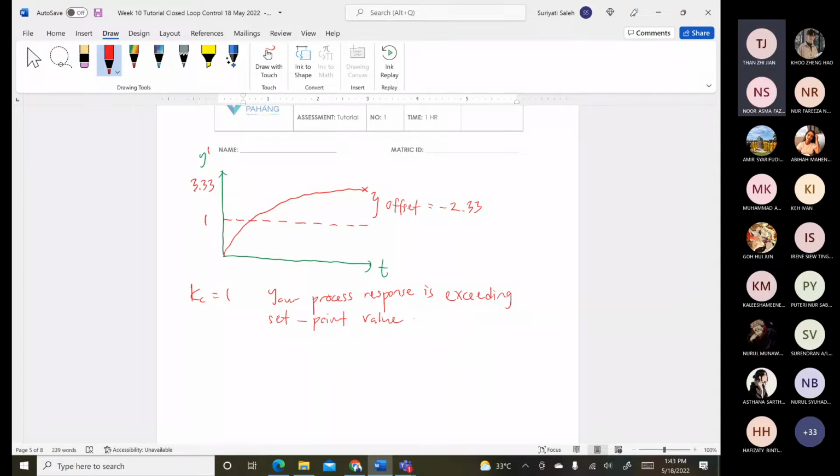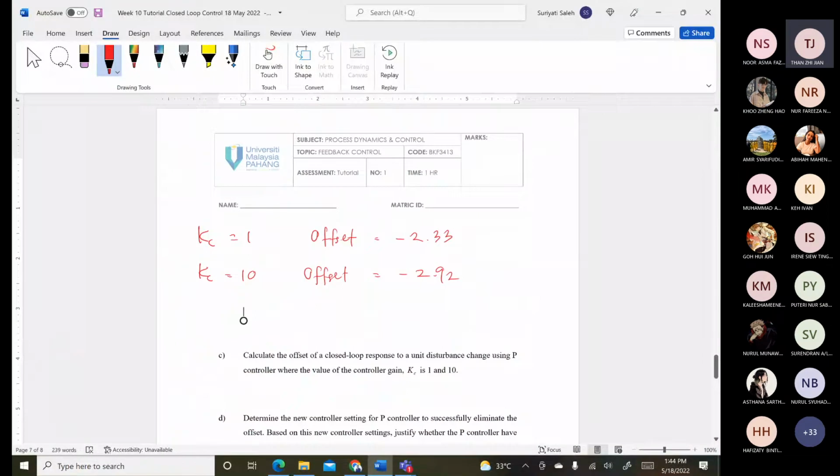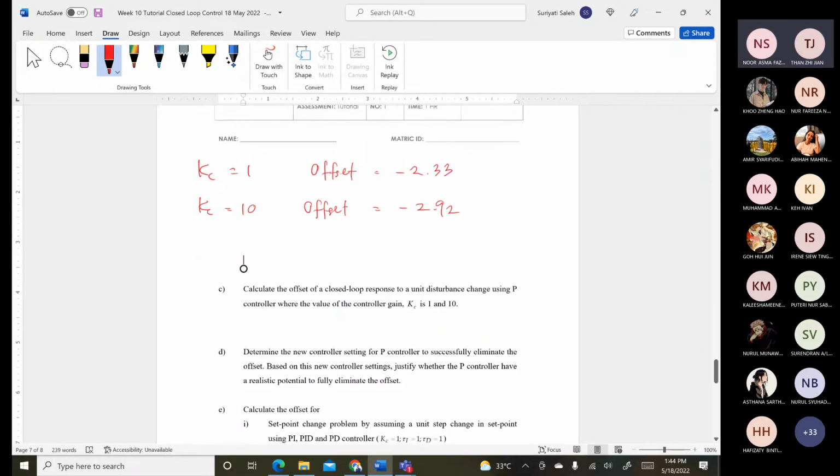So now we already tried two values, Kc equal to 1 and Kc equal to 10. For both cases, we get negative 2.33 and negative 2.92. So that's why I ask you to try question D. Can we get zero offset using a P controller?